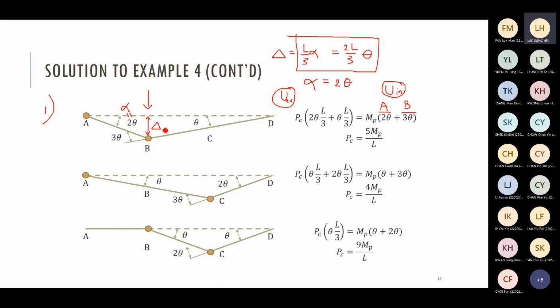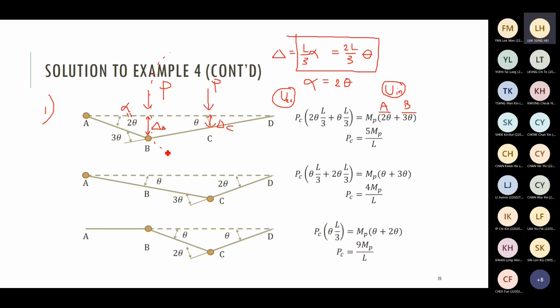Maybe I call this delta B. This is delta C. Suppose there's another force right here, P. I think this time it's more convenient to consider the right-hand side circle.